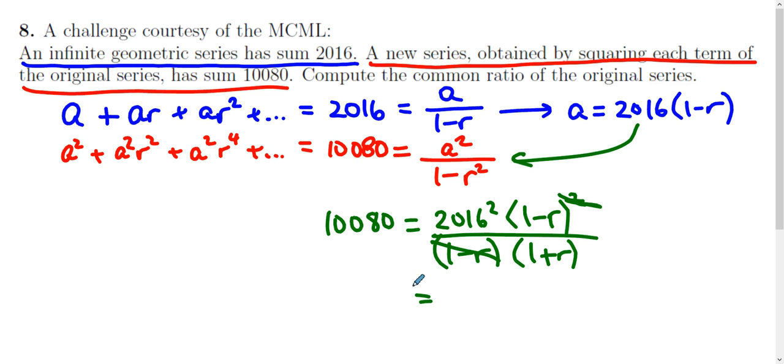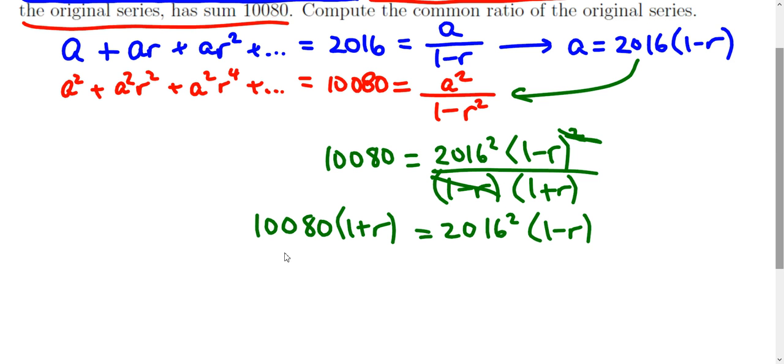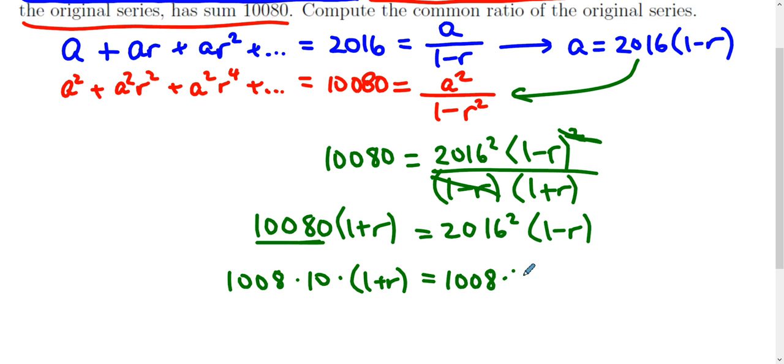You got 10,080 times 1 plus r is 2016 squared times 1 minus r. Well, golly, that's got to simplify somehow, right? This is 1,008 times 10 times 1 plus r. This is 2016 times 2016, right?